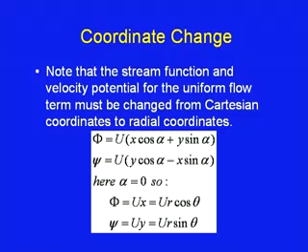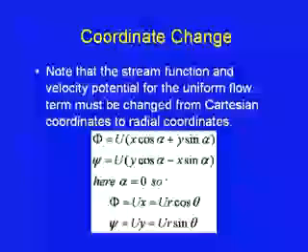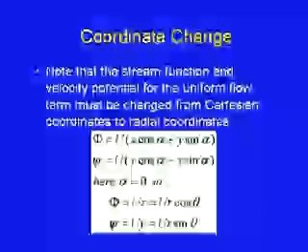Now for further calculation purposes, we have to change the coordinate system for the uniform flow. The coordinate system which we have seen earlier was the Cartesian coordinate system, which we can convert to the polar coordinate system with respect to r and theta. Here the stream function and velocity potential for the uniform flow in Cartesian coordinates are phi equal to u into x cos alpha plus y sin alpha, and psi equal to u into y cos alpha minus x sin alpha.